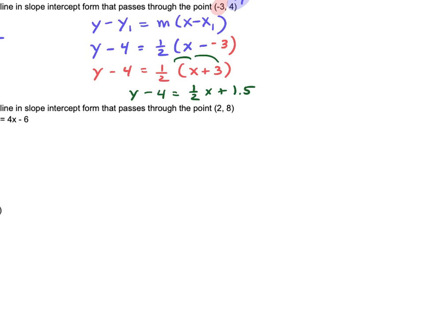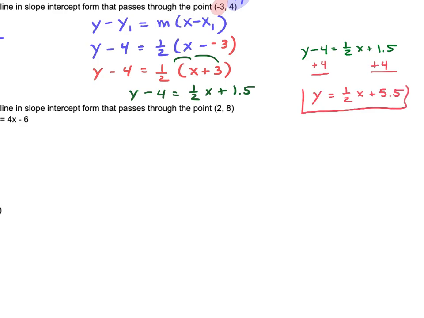So I'm going to rewrite that. Y minus 4 equals a half x plus 1.5. My last step to get that y alone, getting it into slope-intercept form. Y equals a half x plus, that'd be 5.5. There we go.